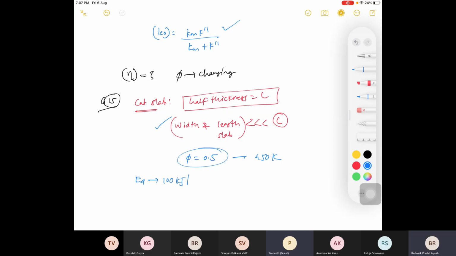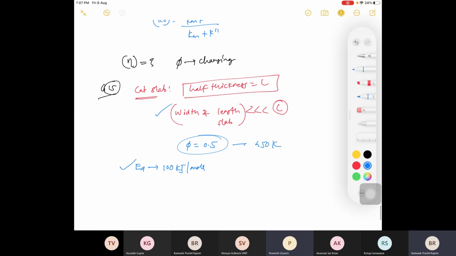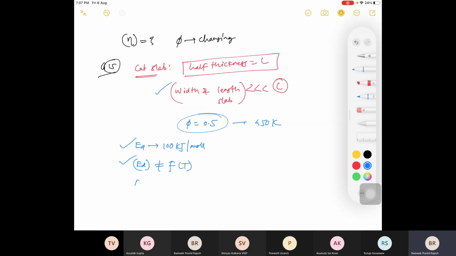The effective diffusivity of the reactant in the slab can be assumed to be independent of temperature, and external mass resistance can be neglected. So external is not there. If the temperature of reaction is increased to 470 Kelvin, then the effectiveness factor at 470 Kelvin will be.